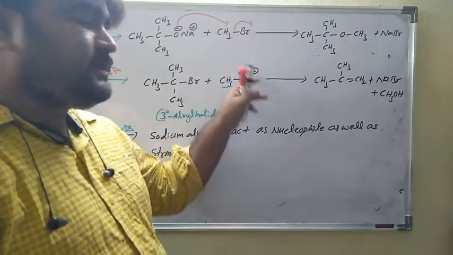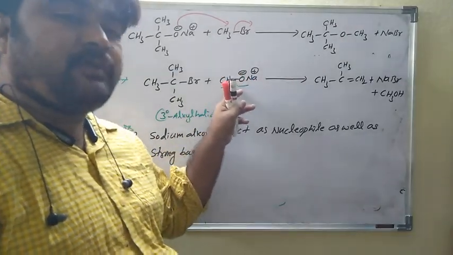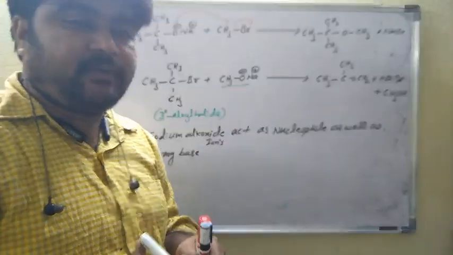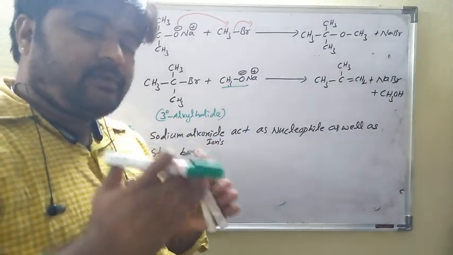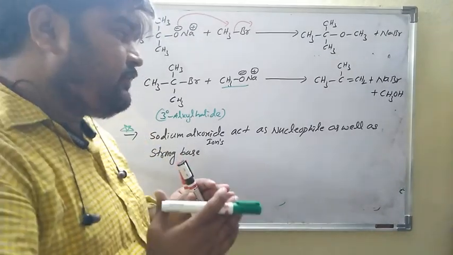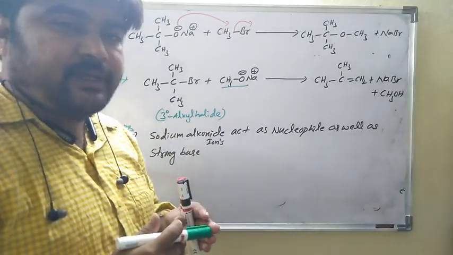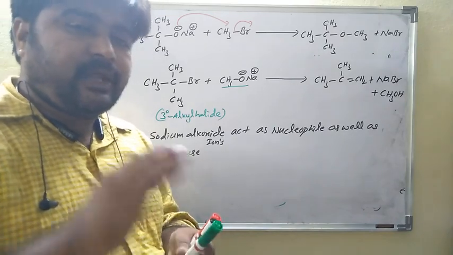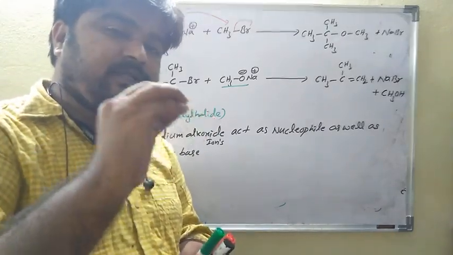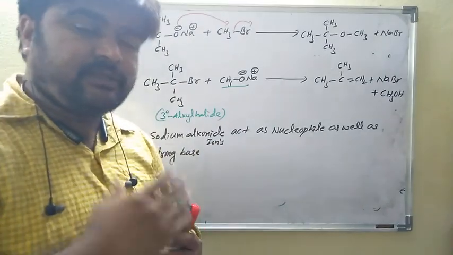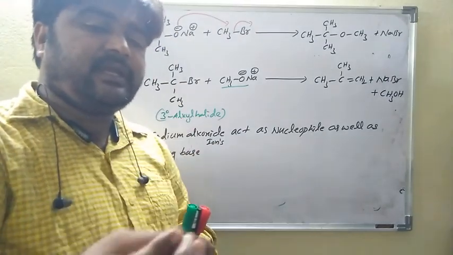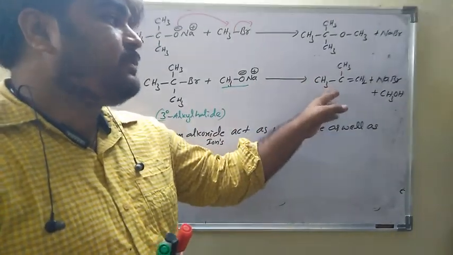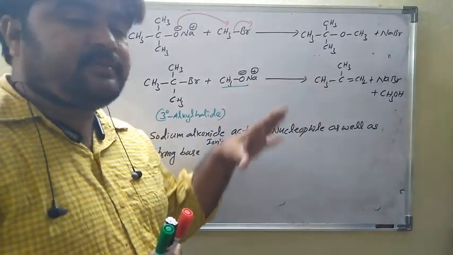So sodium alkoxide acts as both nucleophile and strong base. Primary alkyl halides in Williamson synthesis give ethers. If tertiary alkyls are involved, elimination takes place and alkene is produced.